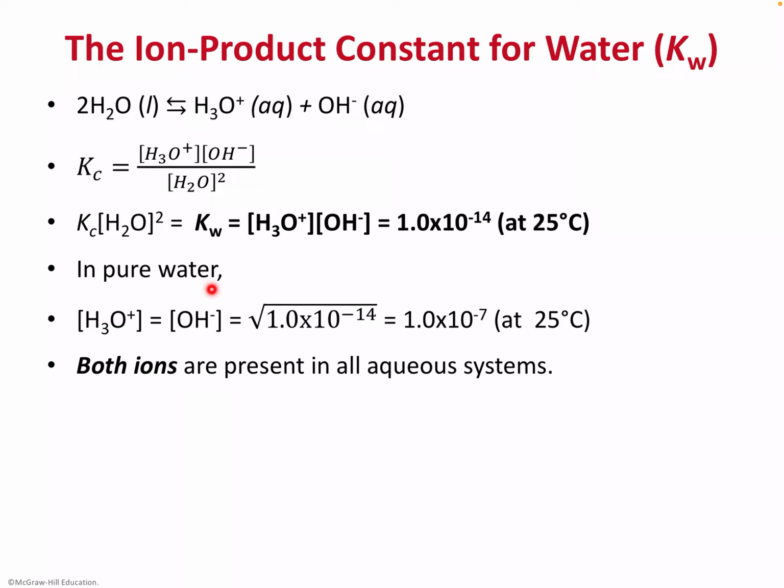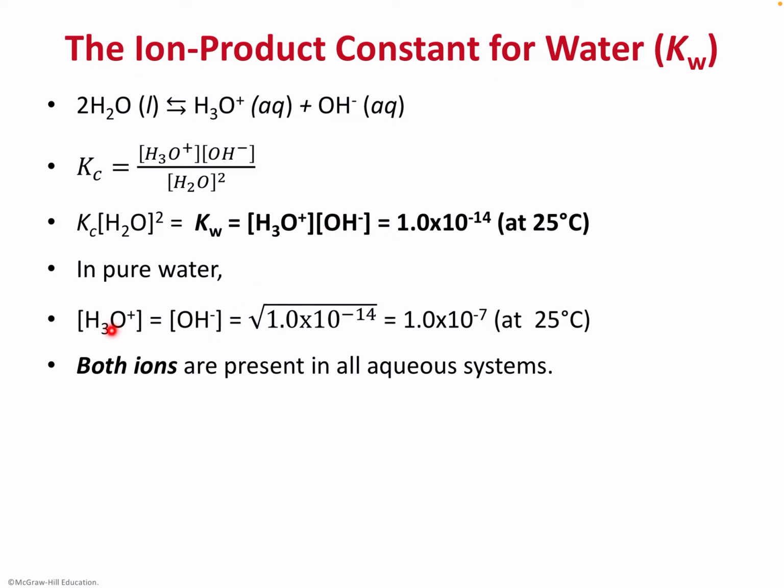Now pure water has the same amount of hydronium ions as hydroxide ions. Basically they both are the same, right? So this times this is 1 × 10^-14.